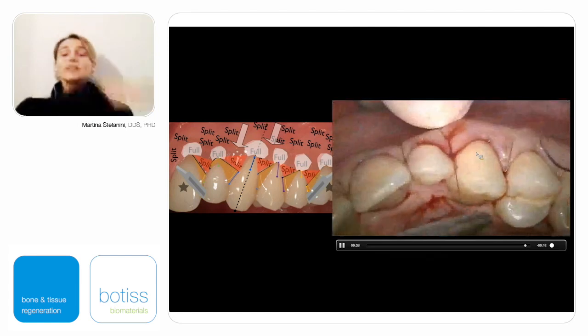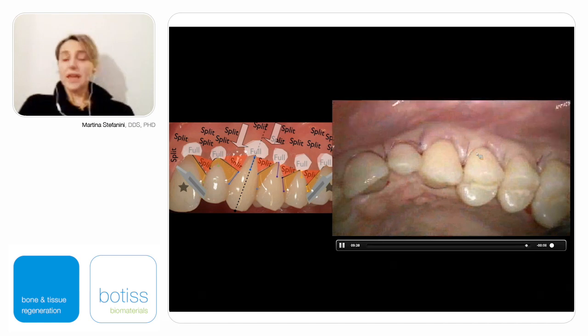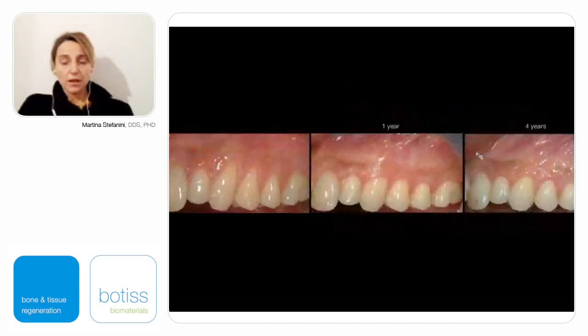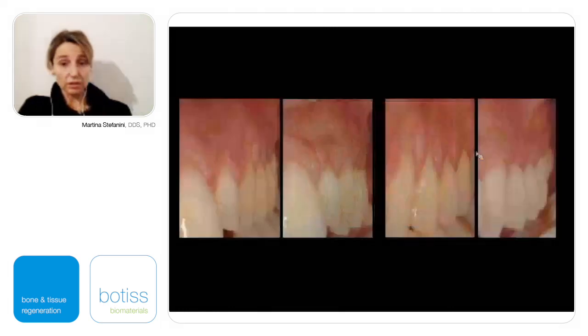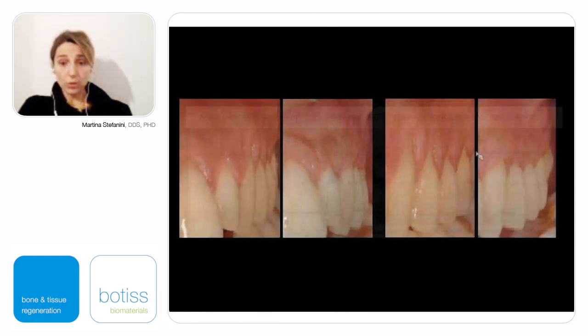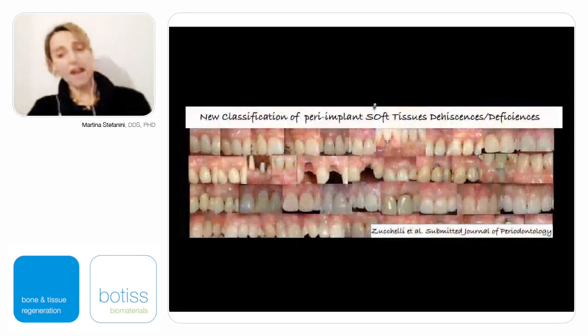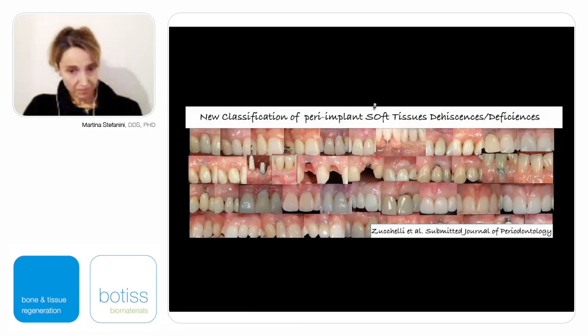While if you completely cover and protect the matrix with your flap, it will be able to incorporate the blood clot and become soft tissue thickness with time. And as you can see in this picture, at 1 year and after 4 years, we were able to obtain complete root coverage in all treated teeth, and a soft tissue thickness increase, especially at the level of the canine and the premolar, where we added the mucoderm.